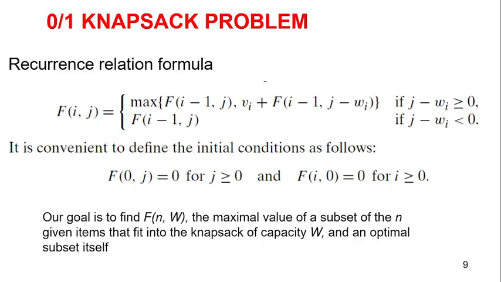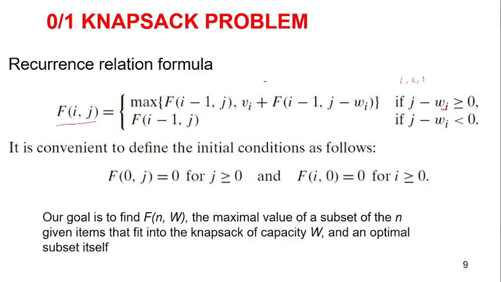So the recurrence relation formula, f of i comma j, the row and column i, j. You have two possibilities. One is the current weight, 1, 2, 3, 4, 5, etc., and this is the weight of the ith item.